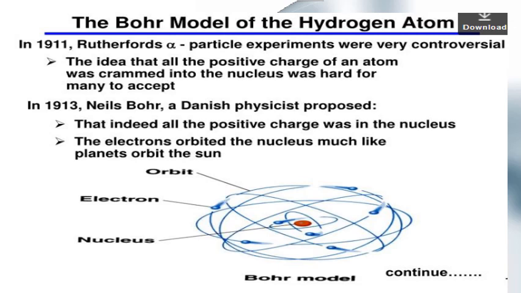A simple picture is given, a 3D diagram of Bohr's model, in which the center has the positive charge and electrons orbit the nucleus like planets orbit the sun, which is quite similar to Rutherford's atomic model.